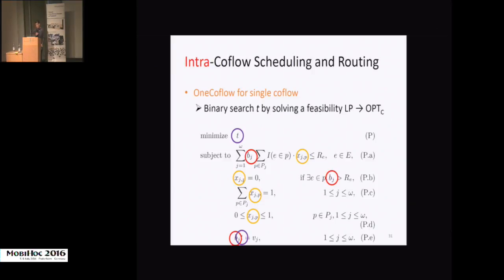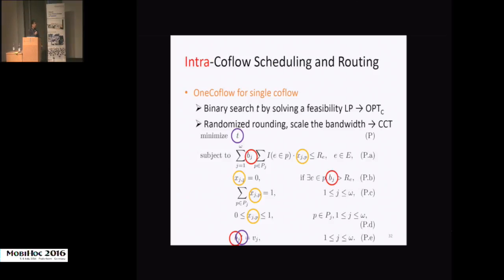We further design an approximation algorithm called Untitled to tackle the intra-Coflow scheduling and routing problem. For the program P, we find that if we fix the flow completion time t, the program P becomes an LP. So we can binary search the t by solving several feasibility LPs to obtain an optimal for the program P. And remember, our original problem is the integer programming.